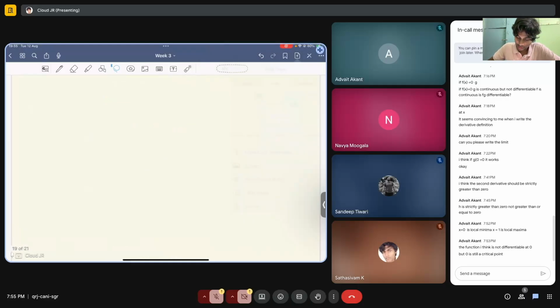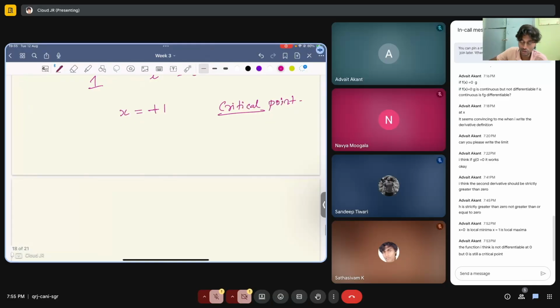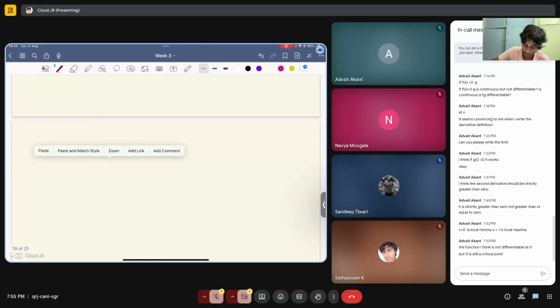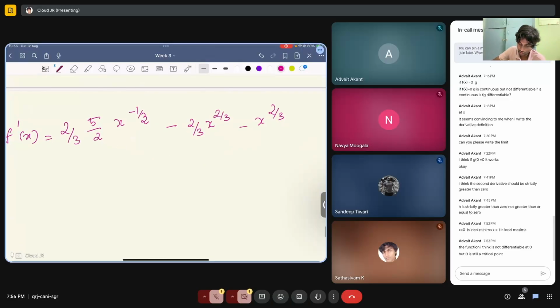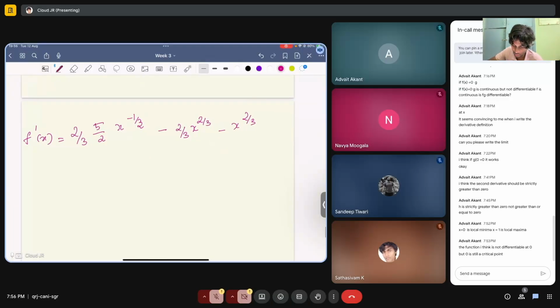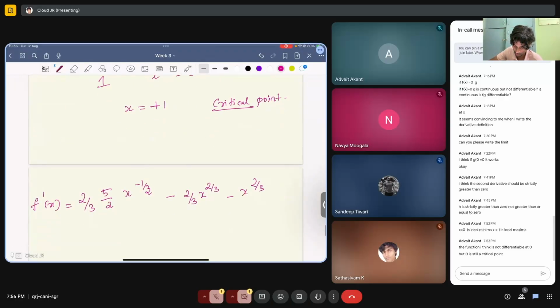This is the critical point, right? And I have to use either the first derivative test or the second derivative test. So let's try to use one of the tests. This is my first derivative, basically f prime of x. Let's see if we can use the first derivative test quickly or if we have to go to the second derivative test.